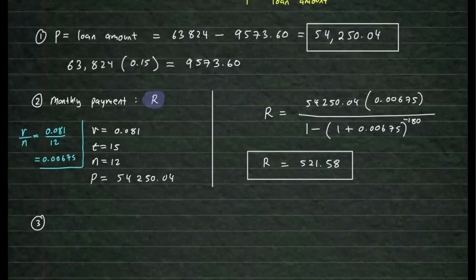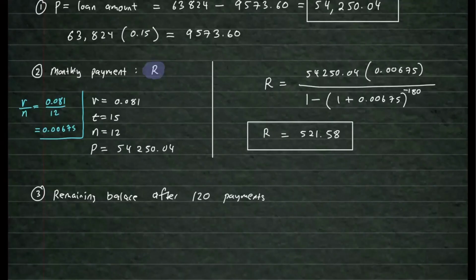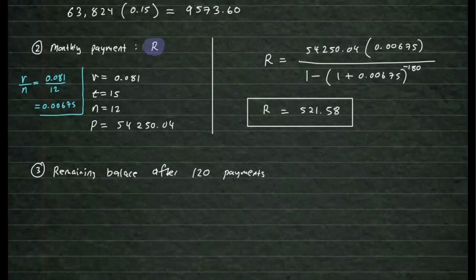The third step is to calculate the remaining balance after 120 payments. So we need to know how much time is left on the loan. The total payments they're going to make to pay off the balance was 15 times 12.